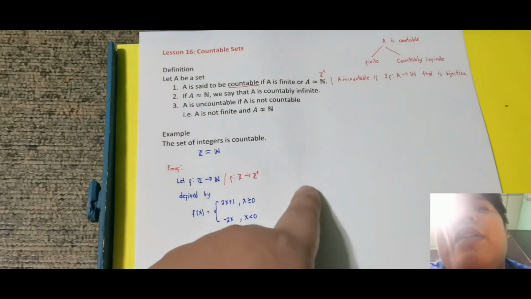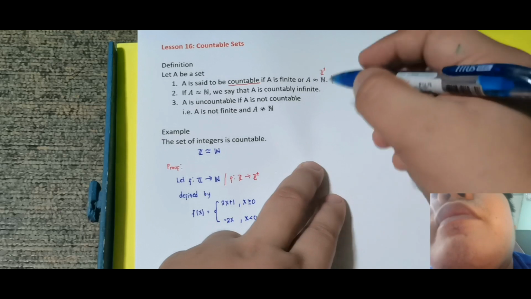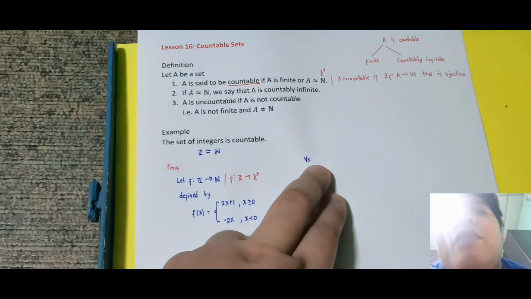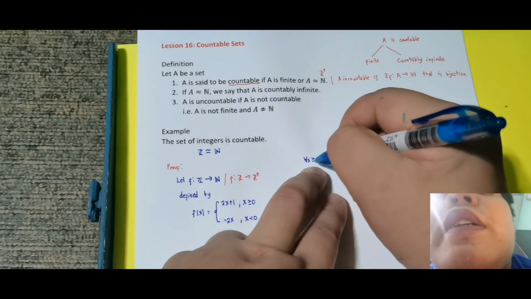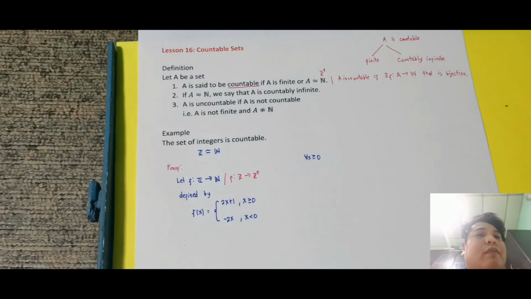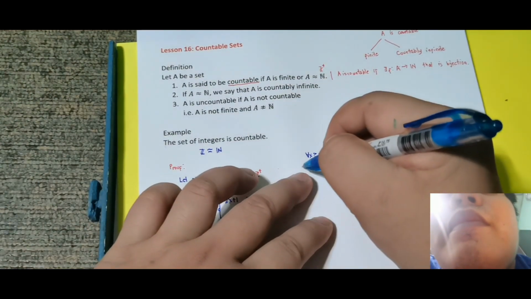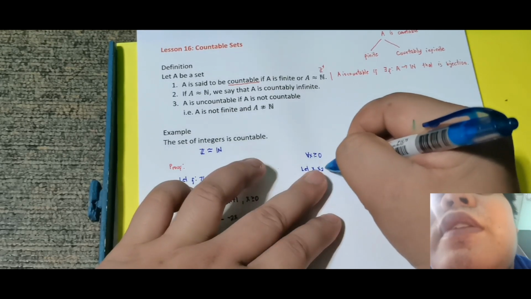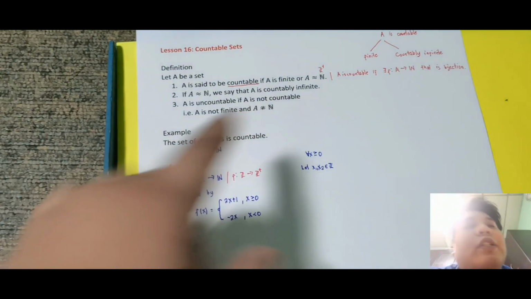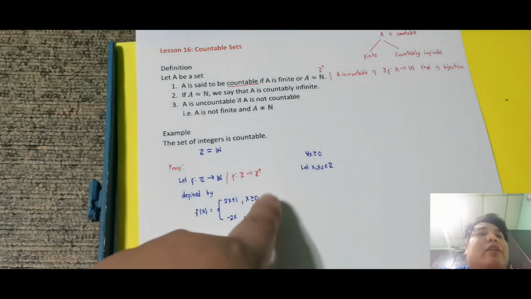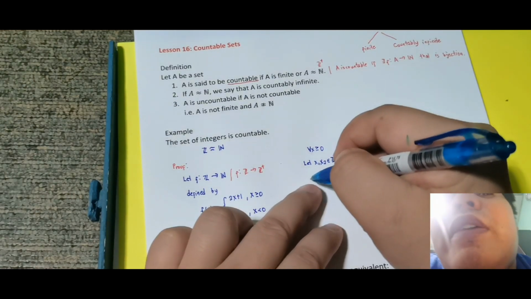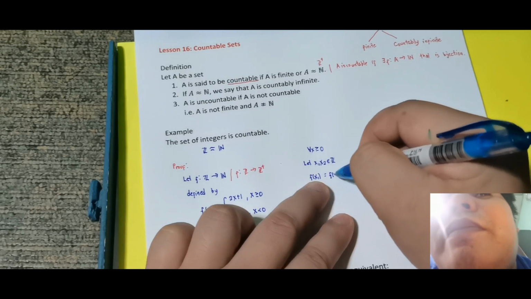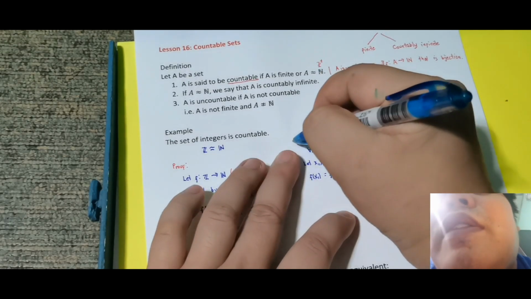Ito yung una: for all x greater than or equal to 0, or let x sub 1 and x sub 2 be elements of the integers such that x sub 1 and x sub 2 are greater than or equal to 0, kasi ito yung case na yun. Consider natin si f of x sub 1. Si f of x sub 1 ay equal kay f of x sub 2. Tandaan, ito yung case 1.